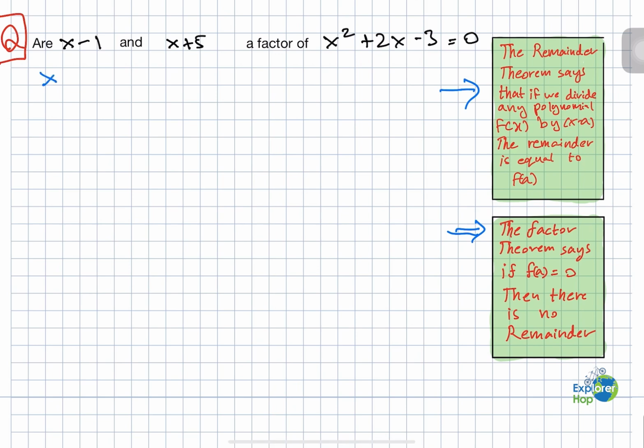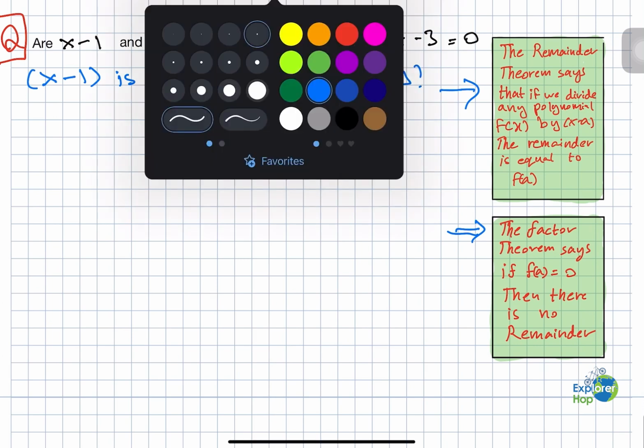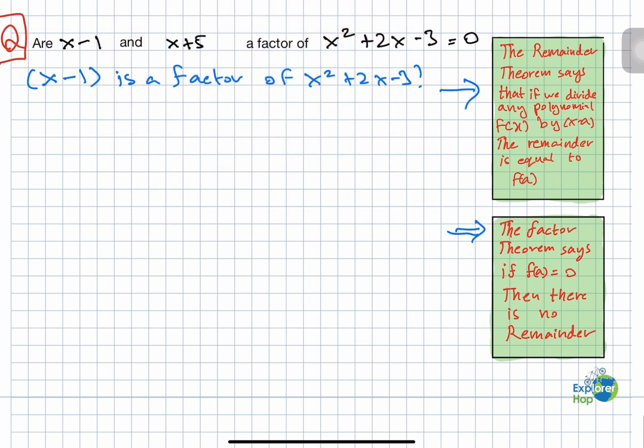So first, let's solve and see if x minus 1 is a factor of x squared plus 2x minus 3. We can do this by simply taking x equals 1 and plugging this into our equation.